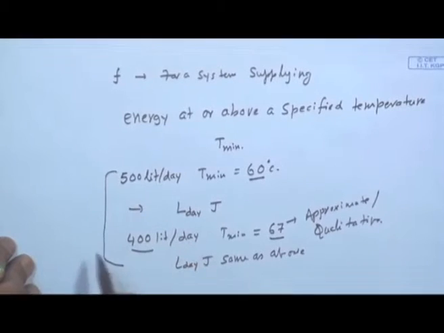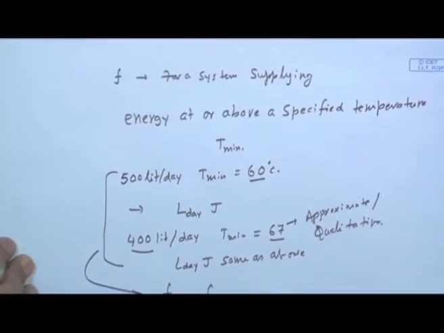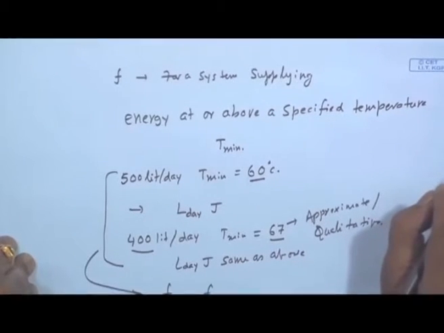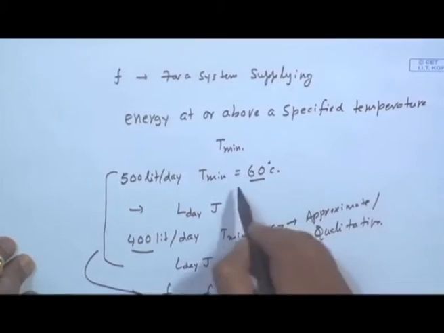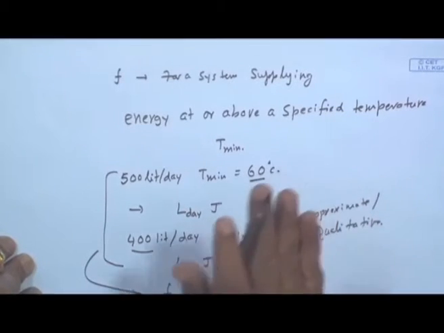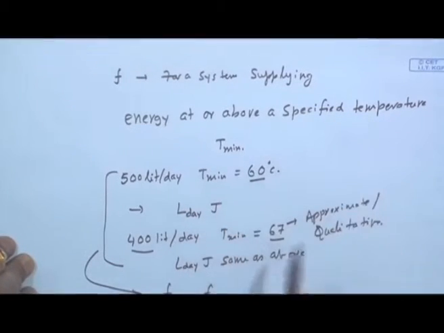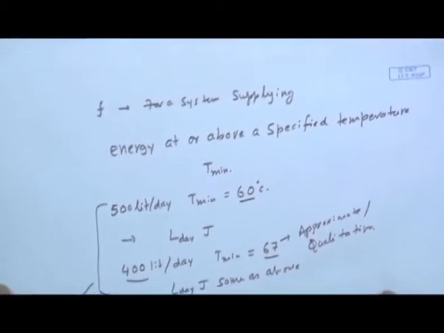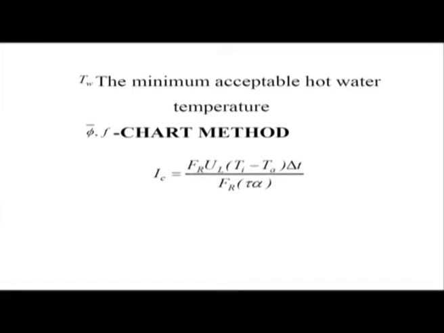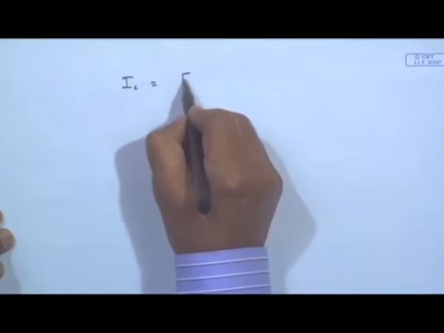The contention is that the load fraction will be F1 and F2. Even though the load on the system is the same, if it is being supplied at 60 degrees centigrade, my solar load fraction will be something, and if it is supplying at a minimum of 67 degrees, the solar load fraction differs. So, we have already introduced the critical solar radiation level, I see as Fr.